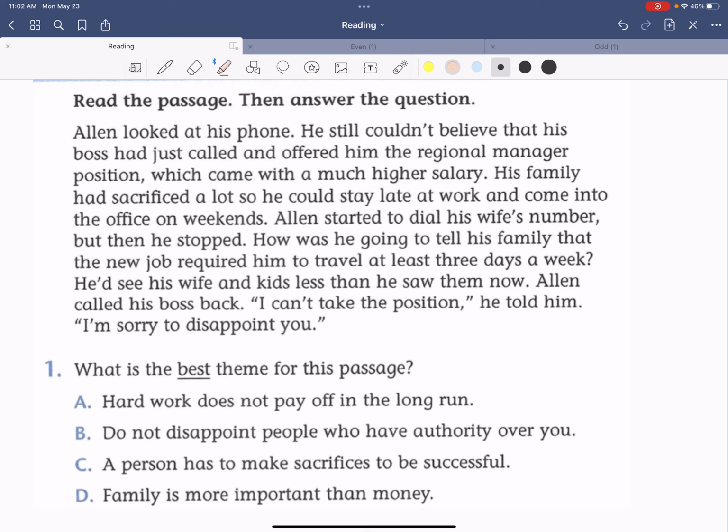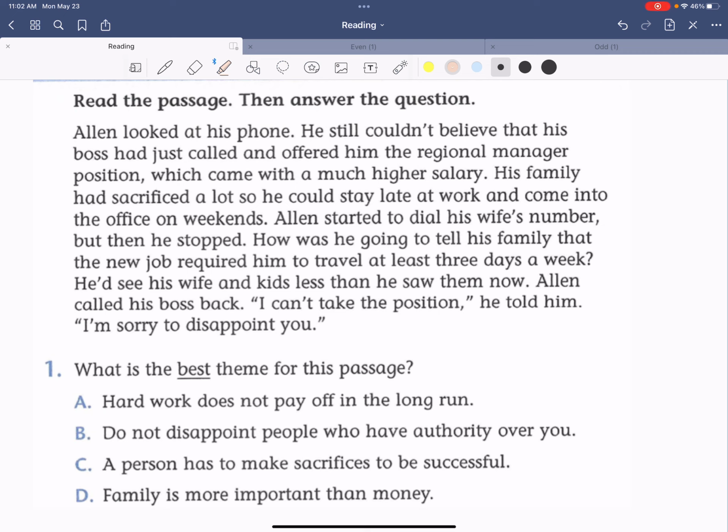Alan started to dial his wife's number, but then he stopped. How was he going to tell his family that the new job required him to travel at least 3 days a week? He'd see his wife and kids less than he saw them now. Alan called his boss back. "I can't take the position," he told him. "I'm sorry to disappoint you."